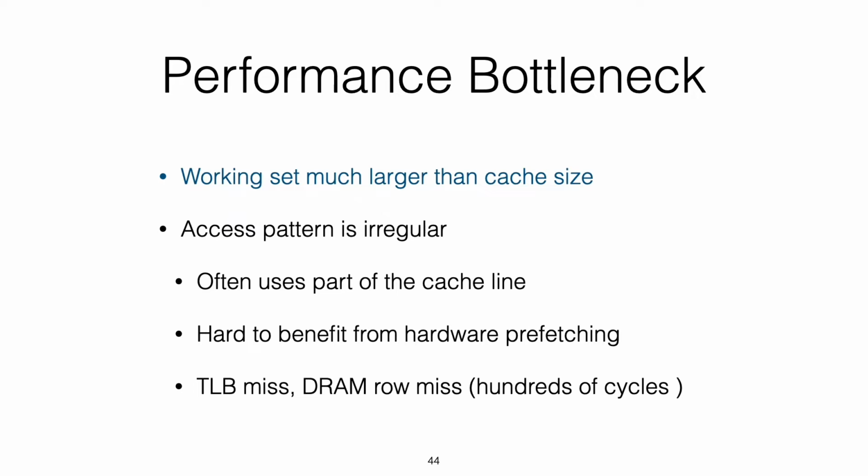In the real world, working sets are larger than the cache most of the time, because they could be 10 to 200 times larger than the cache size, so we can't expect the working set to fit in the cache. And often we only use a very small part of the cache line, perhaps 1/16 or 1/8, every time you bring in the cache line, so that is not good.